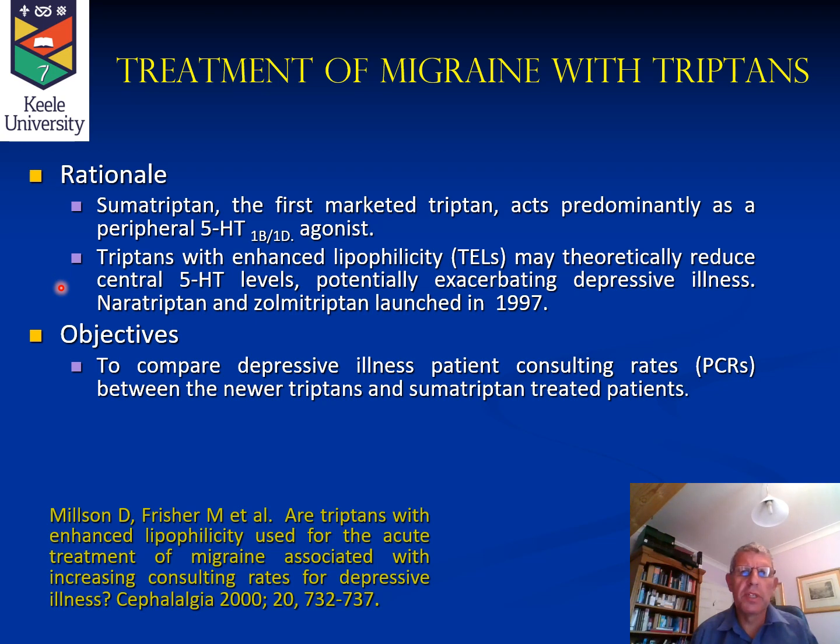The concern was that these drugs might exacerbate depressive illness. So the object of the study using the CPRD was to compare depressive illness consultation rates between the newer triptans and the sumatriptan treated patients.